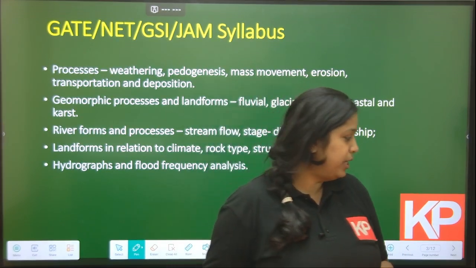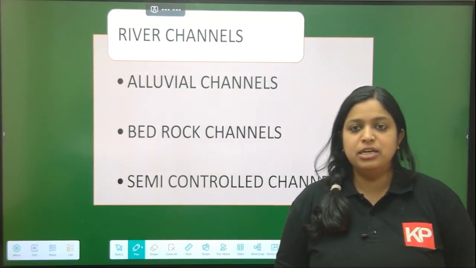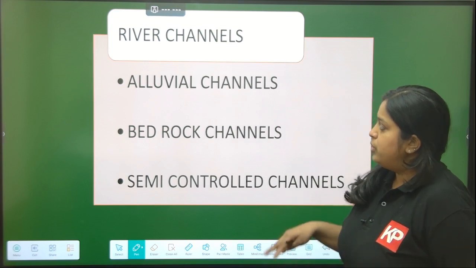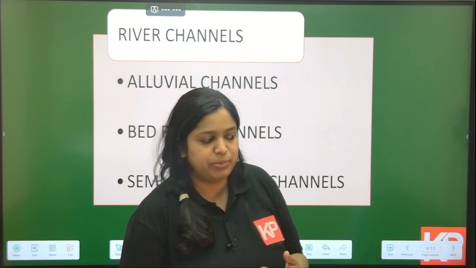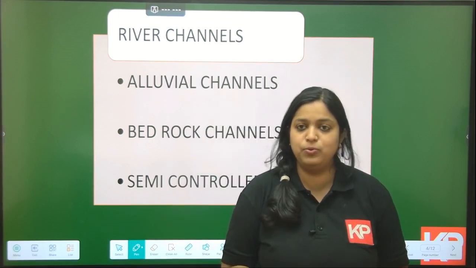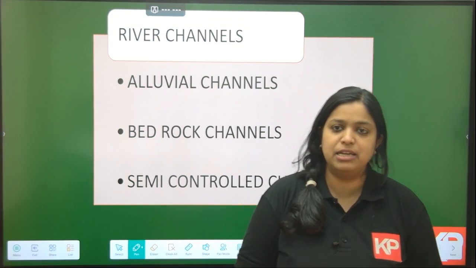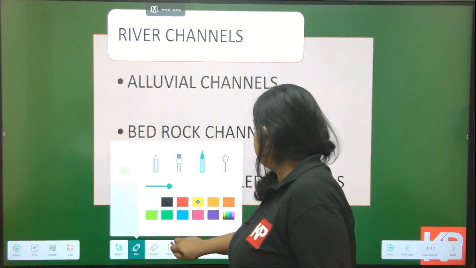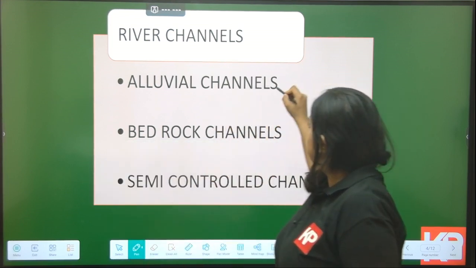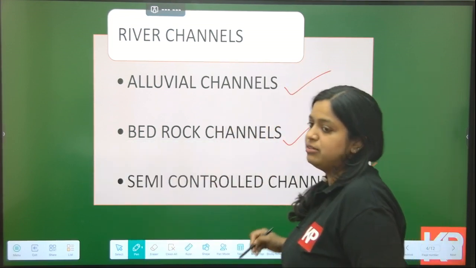So today in the geomorphology section we'll be studying river channels. These are the major landforms associated with the fluvial system. There are mainly 3 major types of river channels: alluvial channels, bedrock channels and semi-controlled channels.